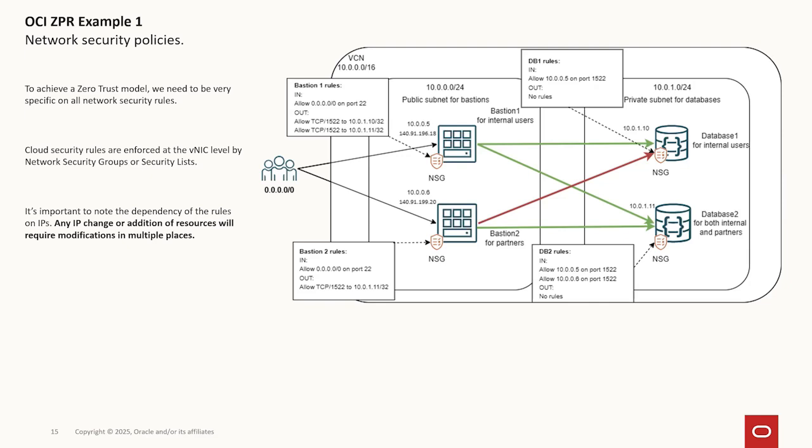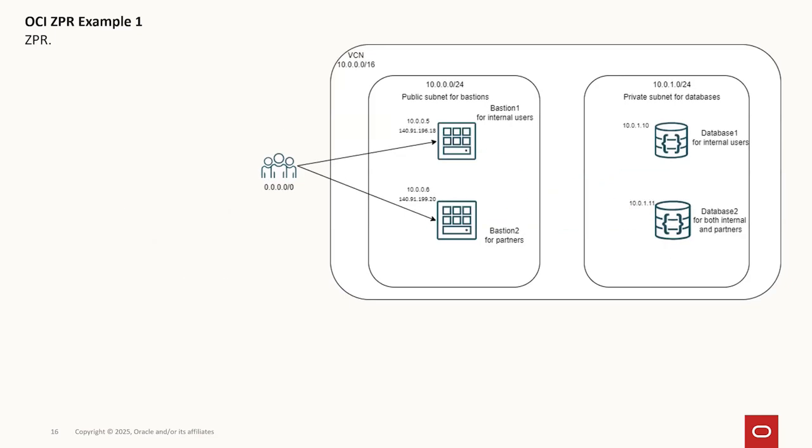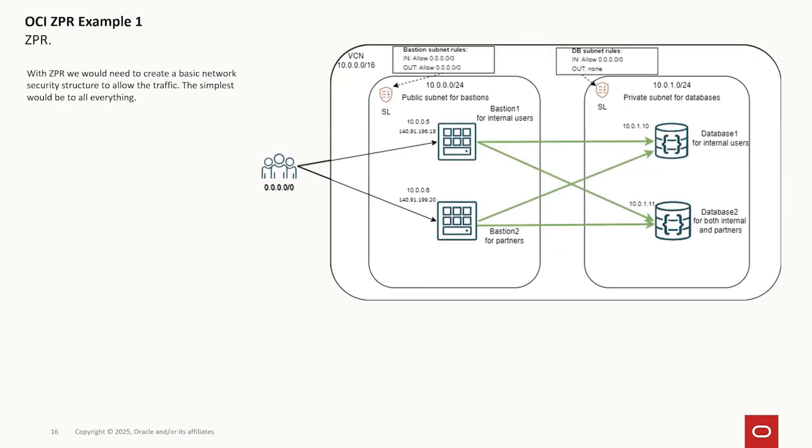Now let's see, can we achieve the same zero trust model but with Zipper? With Zipper first, we must understand that the network layer has to allow the traffic. So the first thing, we build the network sub-infrastructure. Now, in this example, I'm showing that we open the network fully.